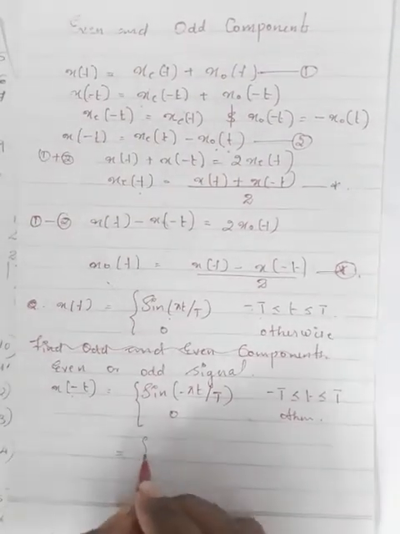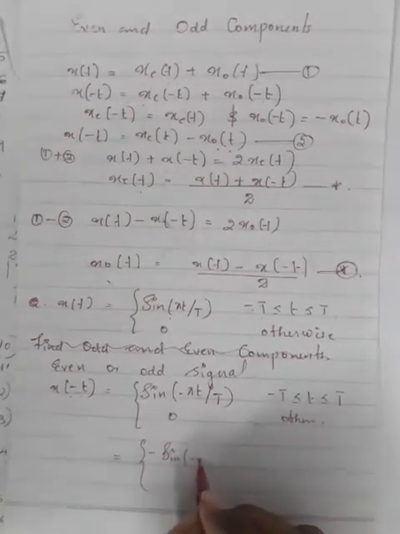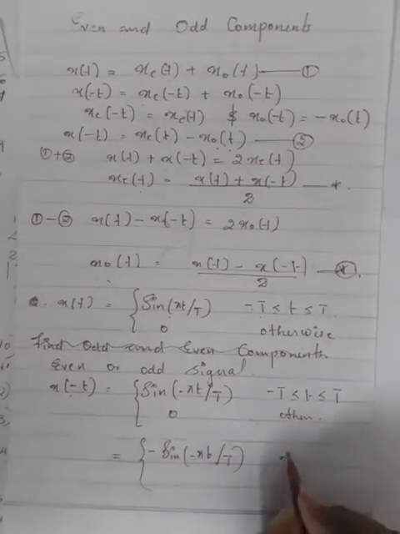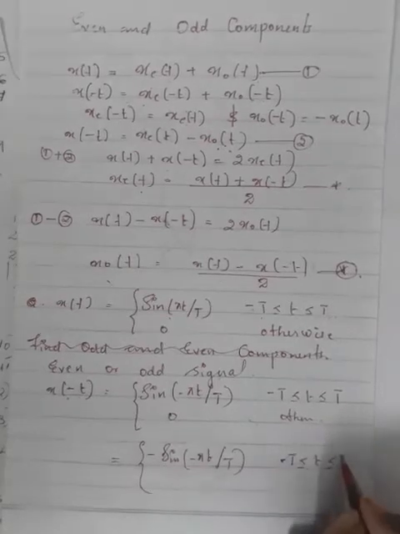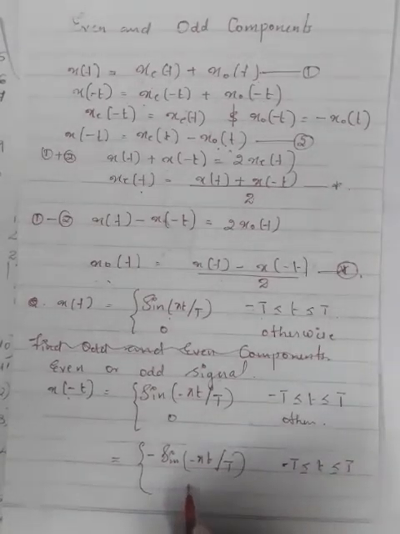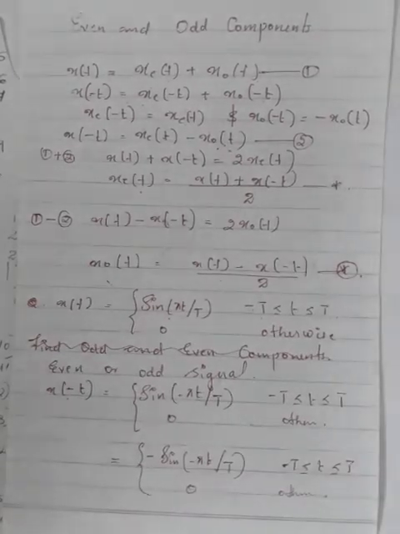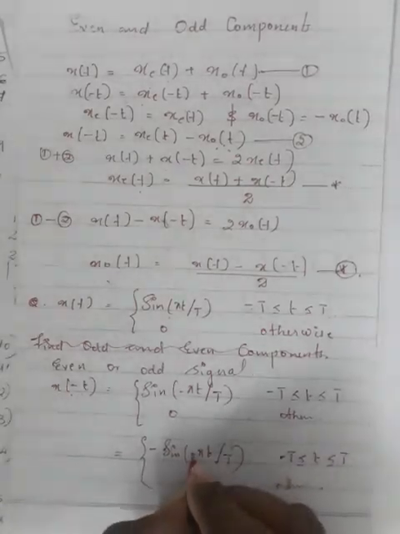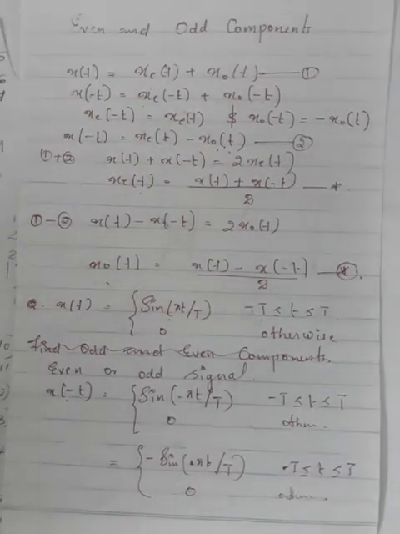So then it is equal to minus sine pi t by capital T for the duration minus T less than or equal to t less than or equal to capital T and 0 otherwise. That is x of minus t equal to minus sine pi t by capital T.